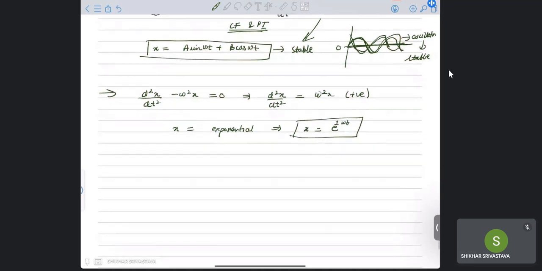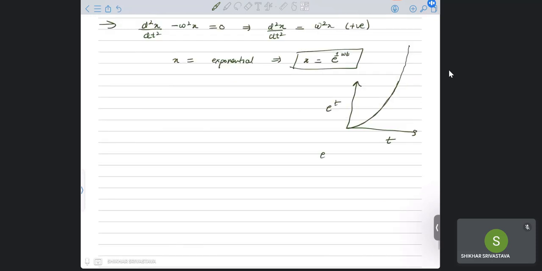These exponential functions are unstable in nature, because suppose this is e to the power t. So it is unstable, meaning it keeps on increasing, it doesn't decay. Similarly, suppose your function is exponential e to the power minus t. At t is equal to 0, it will be very close to 1, and then it will be like a decaying term.